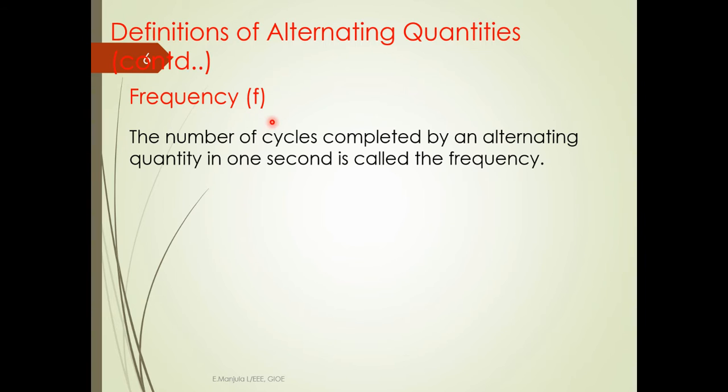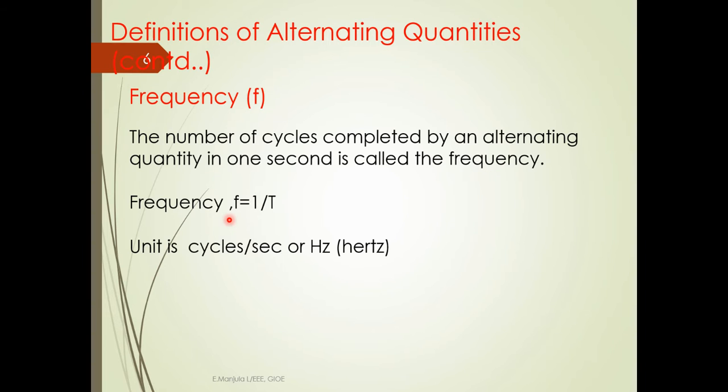Frequency. So frequency is denoted by F. What is frequency? Frequency is the number of cycles completed by an alternating quantity in 1 second. So frequency F is equal to 1 by T, and the unit of frequency is cycles per second or hertz.